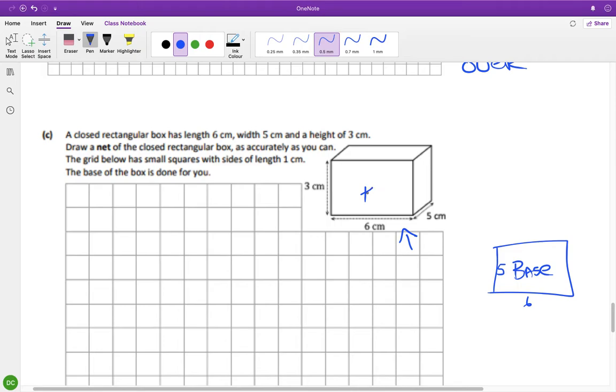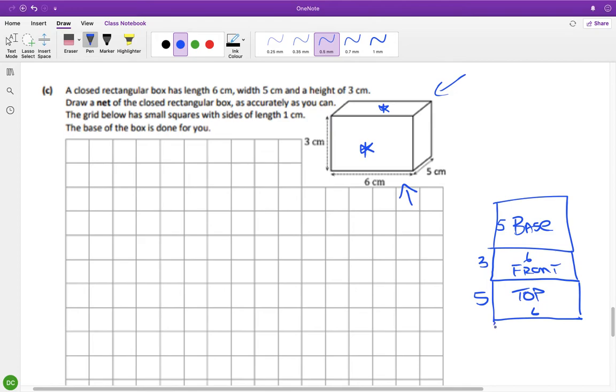Then I'm going to fold this face down. So this face is 6 by 3. So it's only going to be 3 this way and 6 this way. So that's 3, and that's the front of it. Okay, so the next bit that would fold down would be the top here. And the top should be the same as the bottom. So that goes back to being 5 by 6. That's the top. And then the last bit that would fold is the bit at the back that we can't see, and that should be the same as the front. So that's going to be 3 by 6, and that's the back.